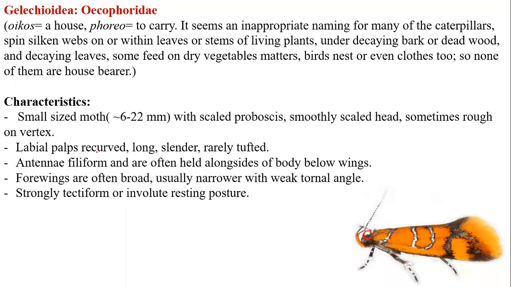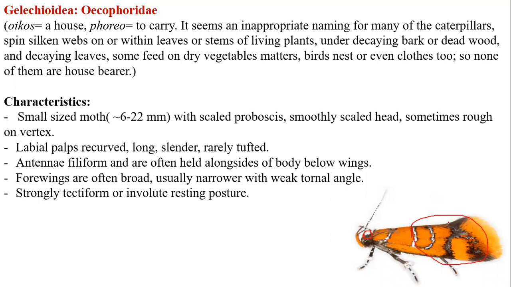And their labial palps are usually recurved, long, slender, and retracted. This is a very important thing. However, we can identify this family following their resting posture, which is that they usually have a very strongly tectiform or involute resting posture. You are seeing here their resting posture, and their forewings are often broad or narrower with a wing tornal angle.